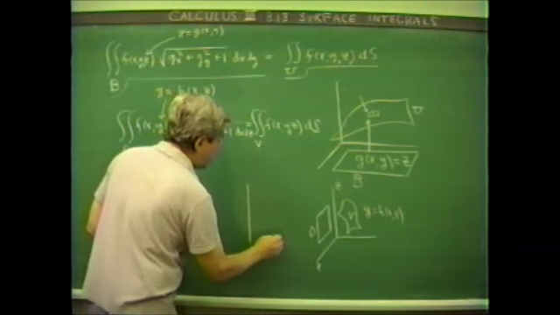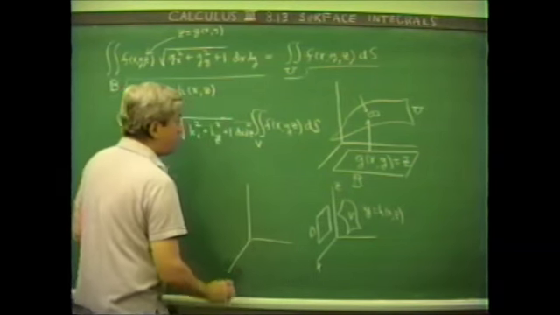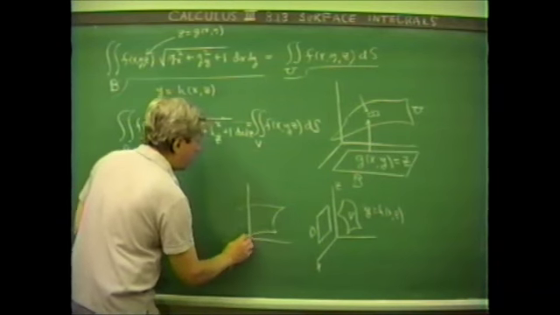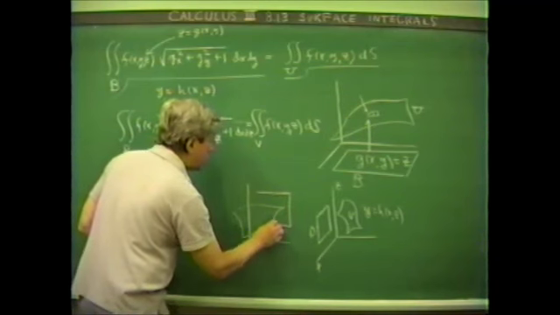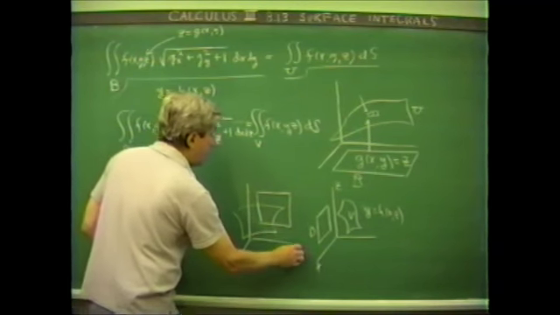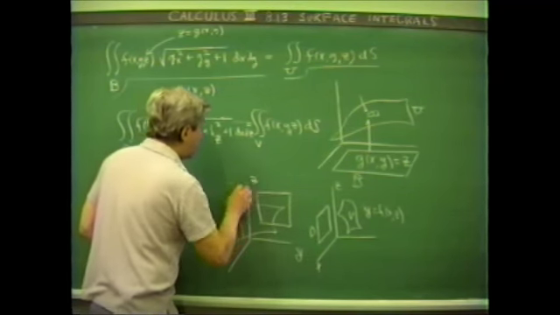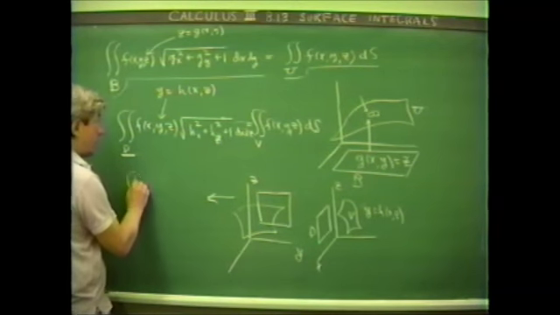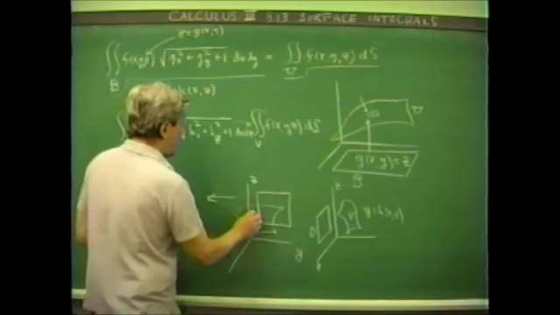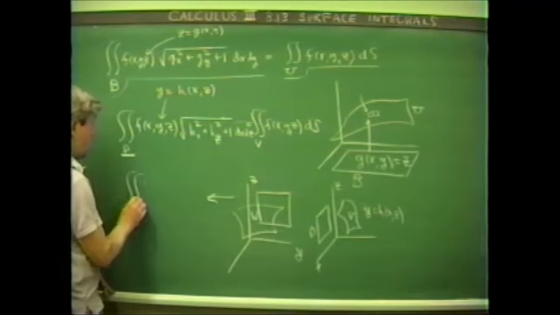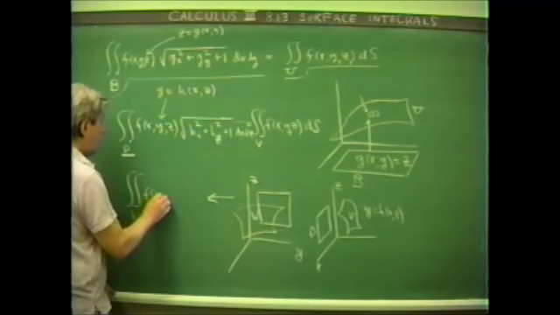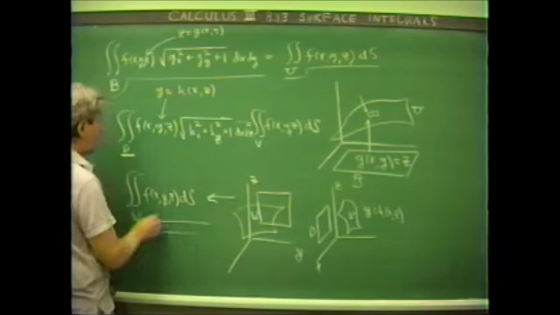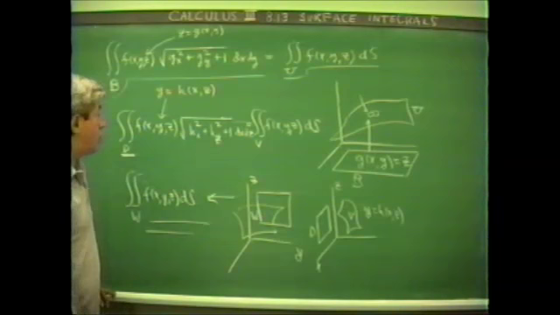Right? A third situation here, clearly, if the surface could be viewed as a surface above a region in the yz plane, you've got a similar situation, and the surface integral over W, let's say, of f of x, y, and z with respect to surface area can be determined in a similar fashion to this one.